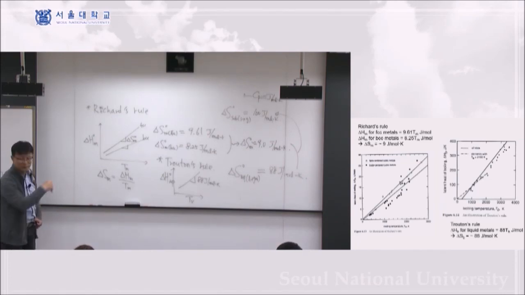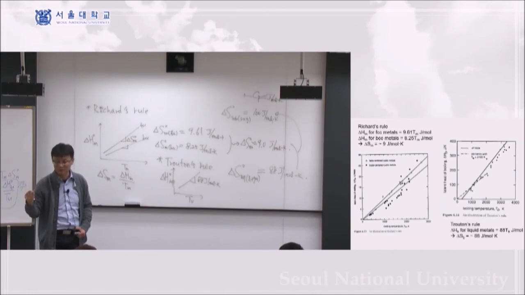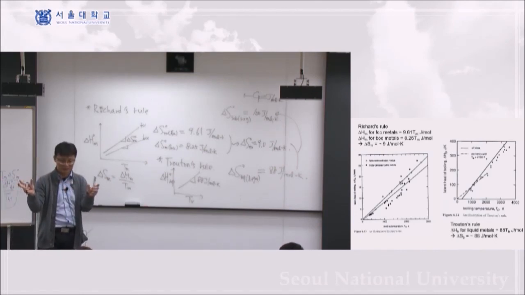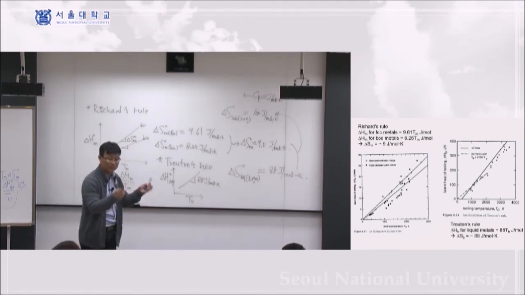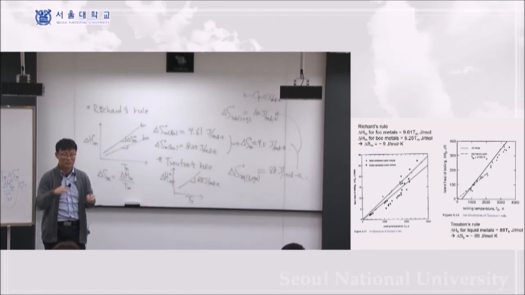Why we say it this way is, as you can see, delta G of reaction is more or less constant, A plus BT. Of course, the CP is important, but if you assume that the CP of the solid reactant and the product is almost the same, then we can eliminate delta CP, more or less.